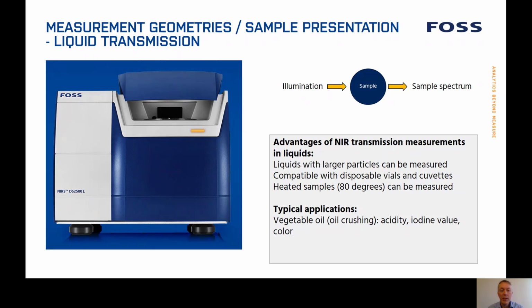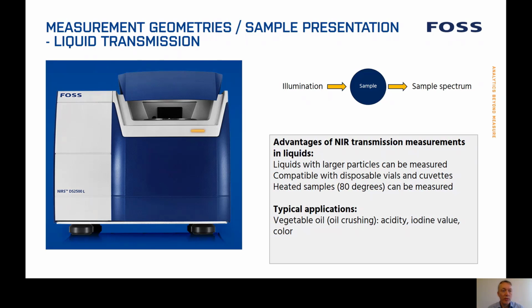Or it could be applications where the samples need to be presented in disposable vials and cuvettes made of materials that are not transparent in the mid-infrared part of the spectrum. And finally, with an NIR instrument, it's easy to heat the sample to elevated temperatures for measurements. This is relevant, for instance, for fats and oils.